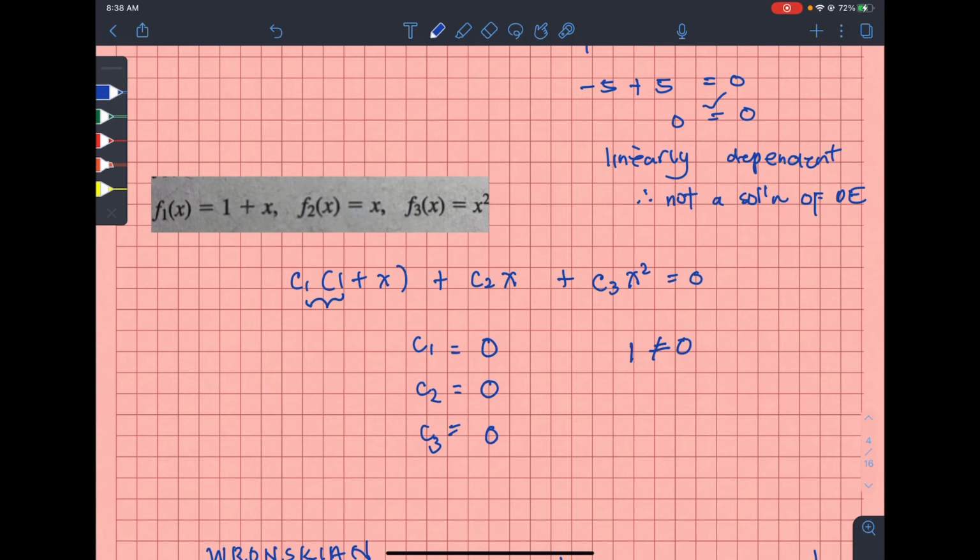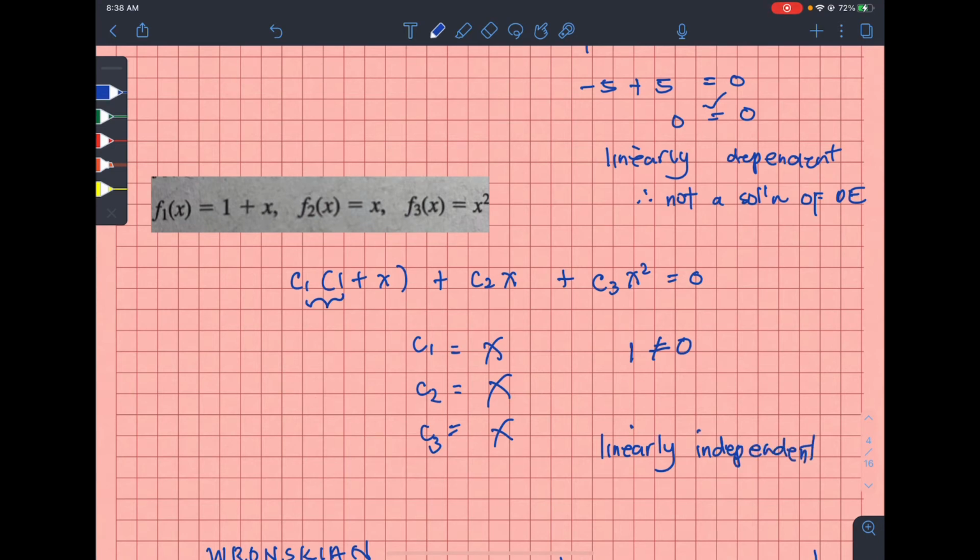So since this is an exemption to the rule, therefore, there is no value. Okay? So there is no value for c1, c2, and c3 that will make the sum of the given differential equation equal to 0.